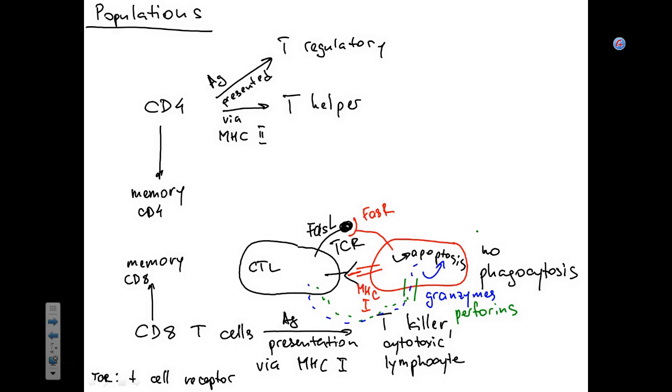I can't give you all the proteins. The idea is that there are signaling proteins. One activates another, and then another, and another, all the way down to the nucleus.